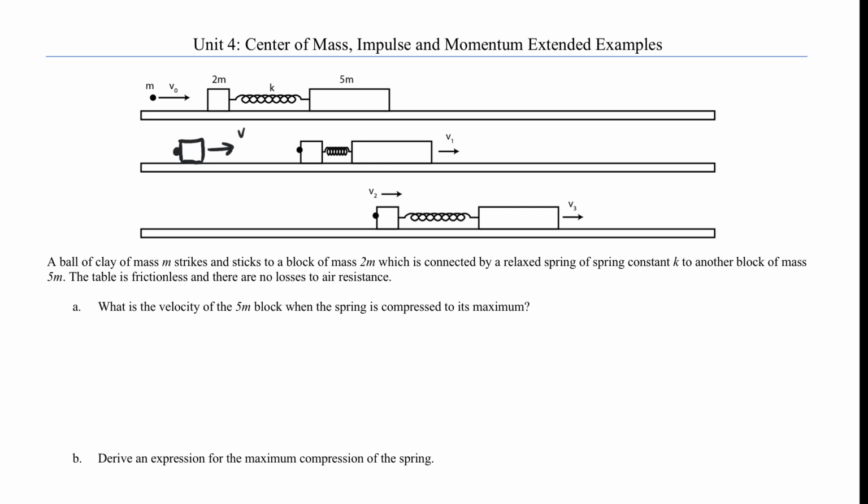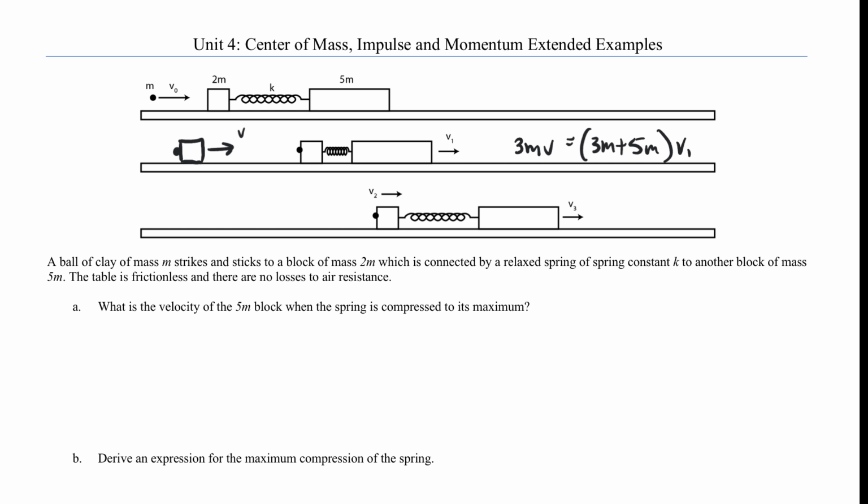That sounds like a perfectly inelastic collision, in that we have two objects that now have the same momentum as the one object had before. So I think I can say 3mV equals (3m plus 5m)V1.